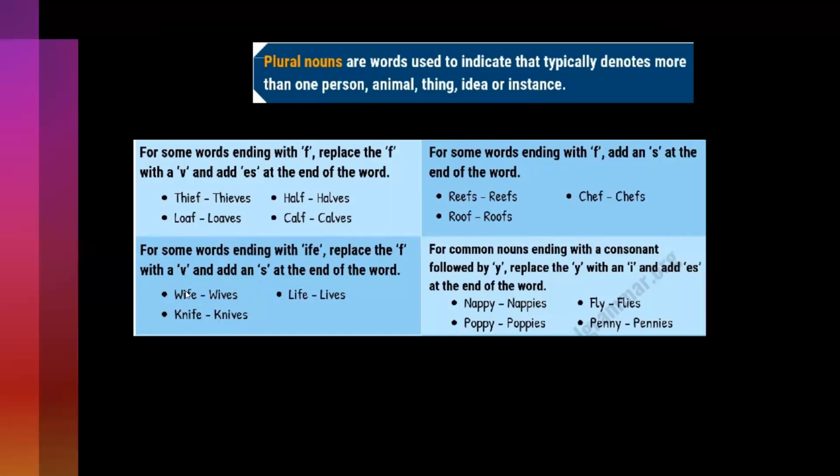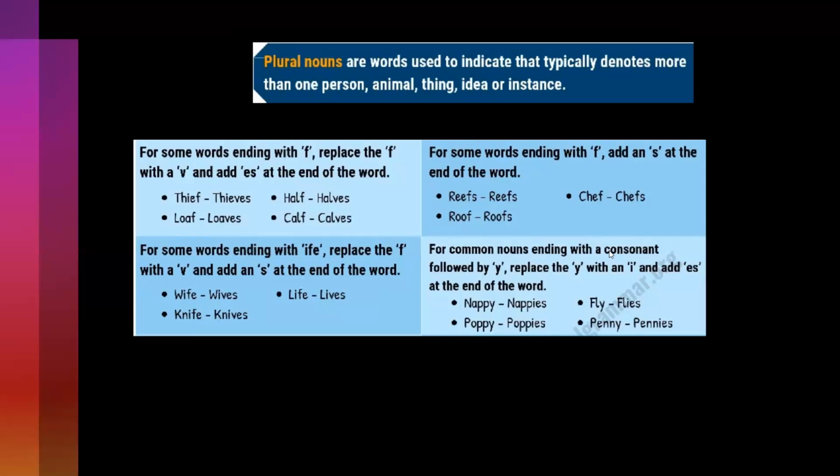For example, wife, wives, knife, knives, life, lives. But there are some words ending in F and we add only an S. These are ribs, roofs, chefs.